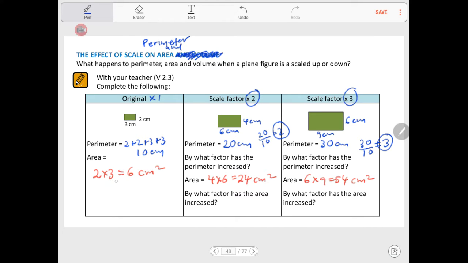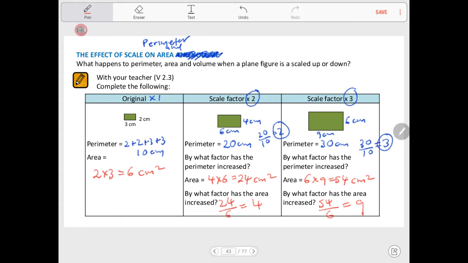Does that work for the area? Let's find out. We're starting here, we've got 6. So this new area over 6 is 4. It's increased by a factor of 4. What about this one? 54 over 6. It's increased by a factor of 9.